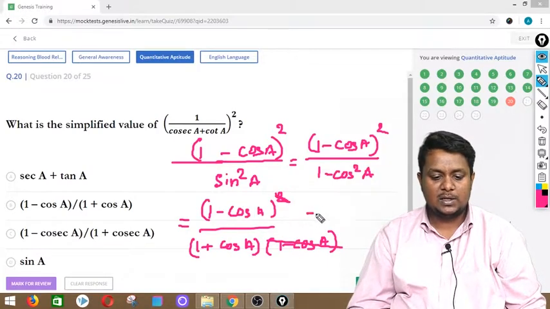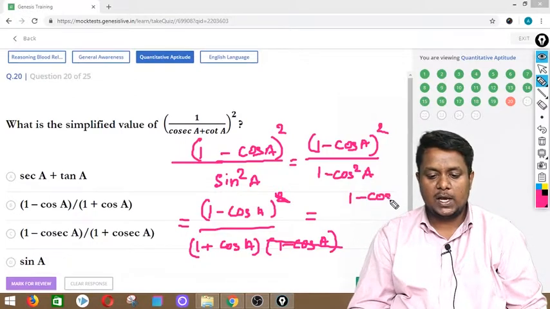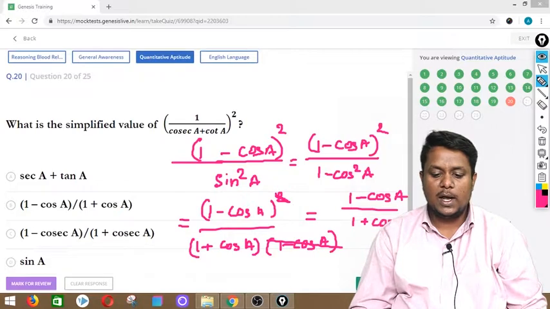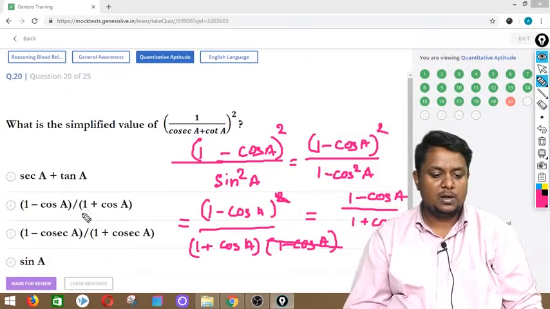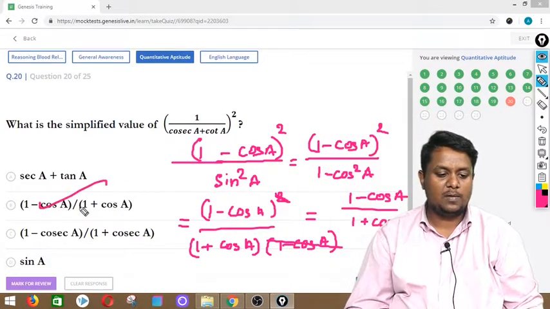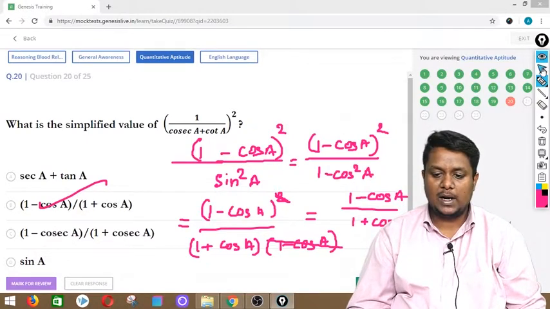The result is (1 minus cos A) divided by (1 plus cos A). So we have to mark option B as the right answer.